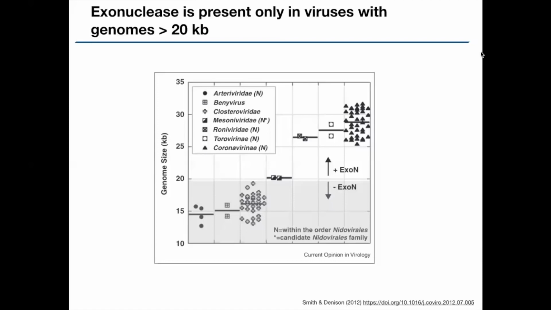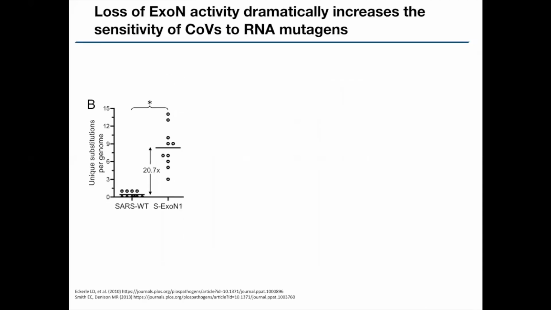This led to the idea that this exonuclease activity could be conferring a proofreading function on the RDRP, which, as I mentioned, was a real paradigm shift in thinking about how RNA-dependent RNA polymerases might be able to proofread.